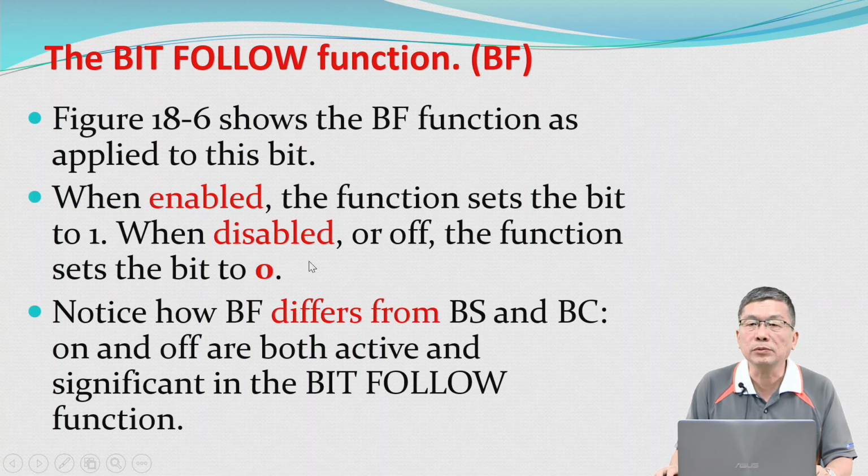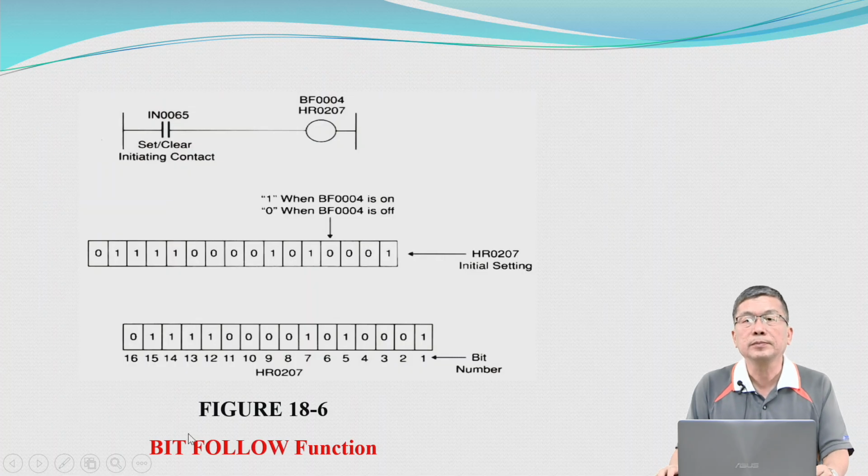When disabled or off, the function sets the bit to 0. Notice how BF differs from BS and BC. On and off are both active and significant in the bit follow function. This picture shows the bit follow function.